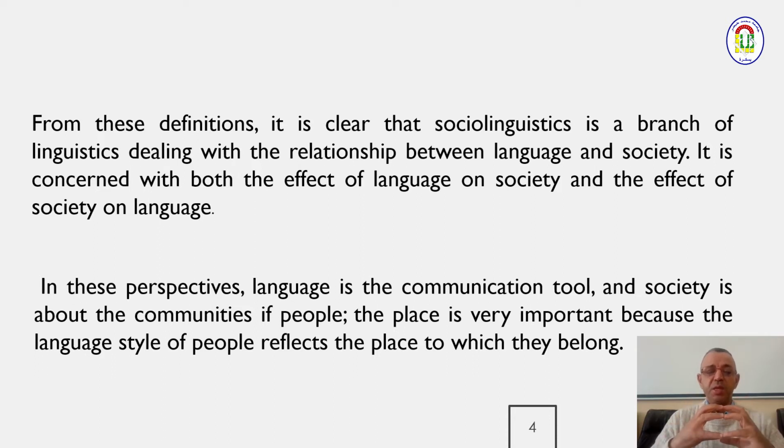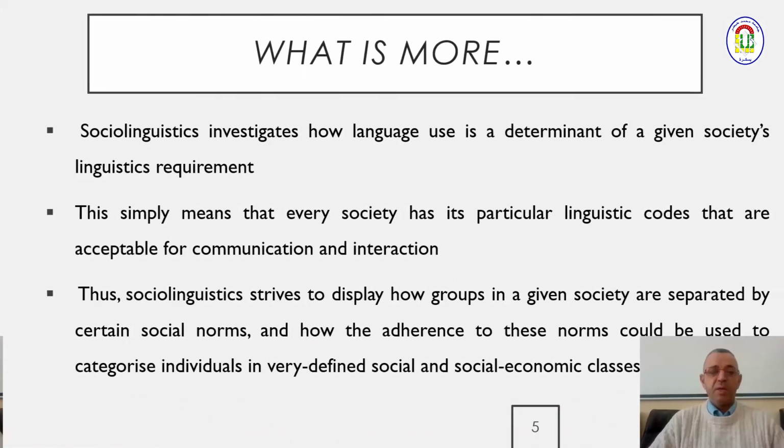Social linguistics is a branch of applied linguistics. Social linguistics is a branch of linguistics. That is, it is concerned with language and society. So this is a summary of the definitions of social linguistics.